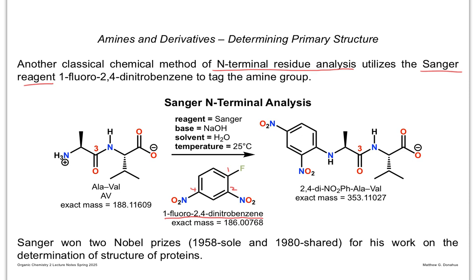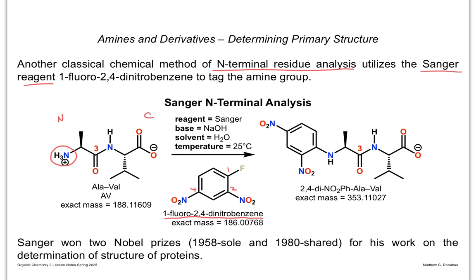This does the same thing conceptually as the Edman degradation. It's going to utilize the reactivity of that N-terminal amino group, so N-terminal, C-terminal, and it's going to tag that group with a molecule that has an exact mass.